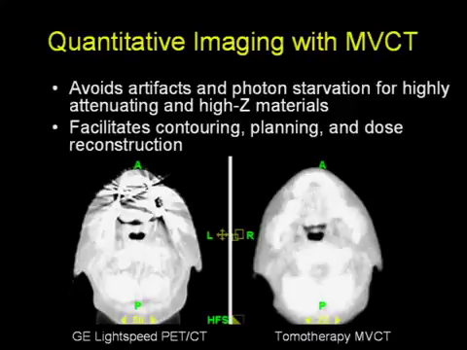So you leave out all of the beam hardening artifacts that arise from high-Z materials, and can facilitate contouring, planning, and dose reconstruction for patients, for instance, that have hip prosthesis or other high-Z materials implanted into them, like dentures and so on.